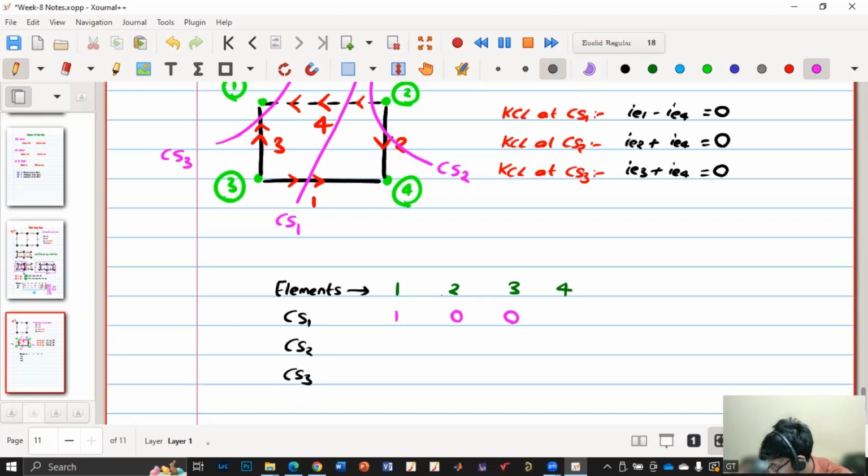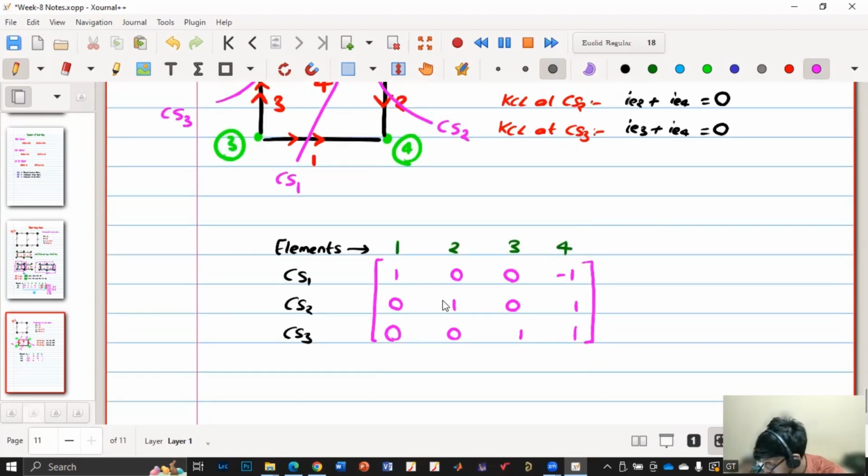For the other rows, here 0, 1, 0, 1. Here 0, 0, 1, 1. So this is our Q matrix, into IE1, IE2, IE3, IE4, is equal to 0, 0, 0, three zeros, right?